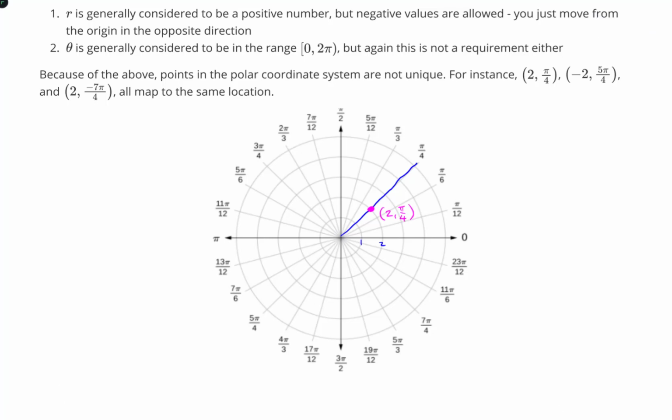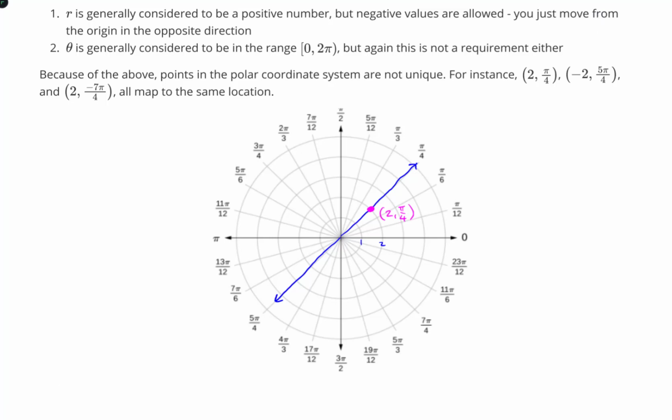Okay? Now, so these rays sort of project outward from the origin. But let's look at the point negative 2 and 5 pi over 4. So 5 pi over 4 is going in this direction, but if we're going negative 2 from there, we would actually go backwards, which would be away from the origin in the opposite direction. So we go here, and we land in the exact same point.